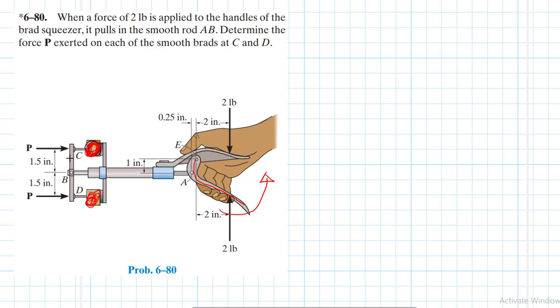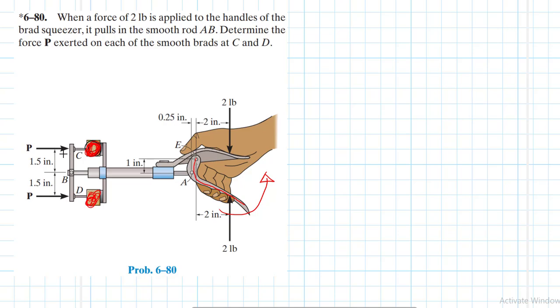For me, I'm thinking maybe because the force is coming from the 2 pounds which is being applied to the handles by this particular hand, P should not have been indicated because it shows as if this P is an externally applied force.